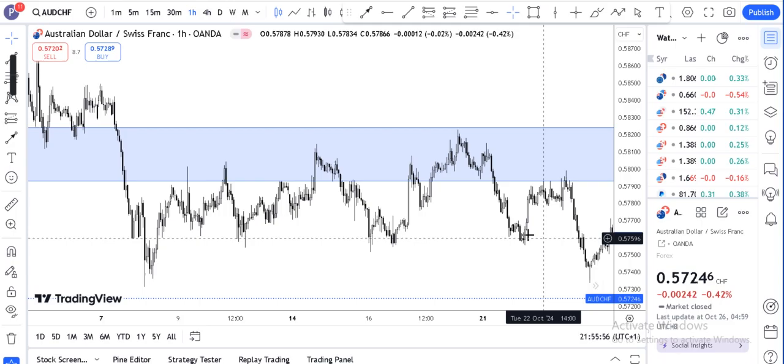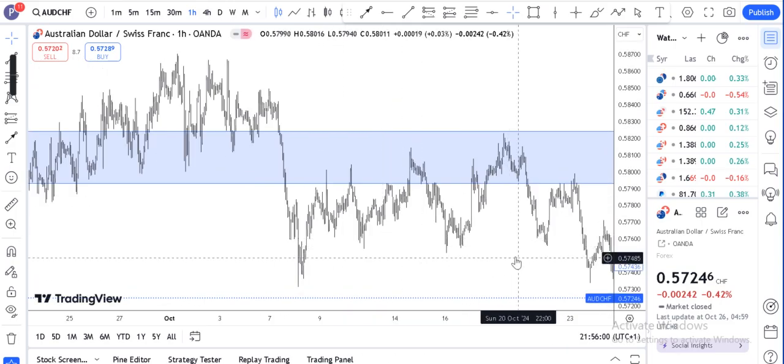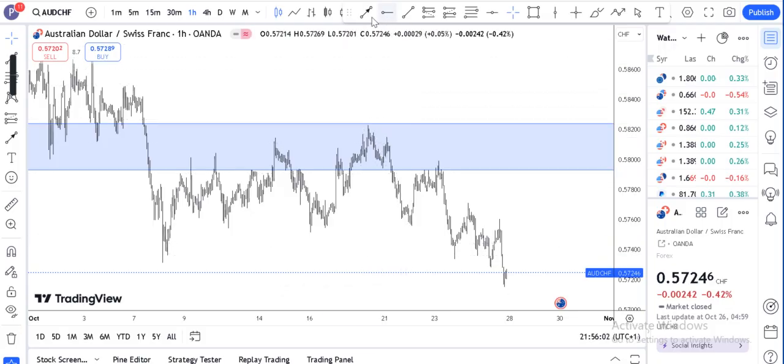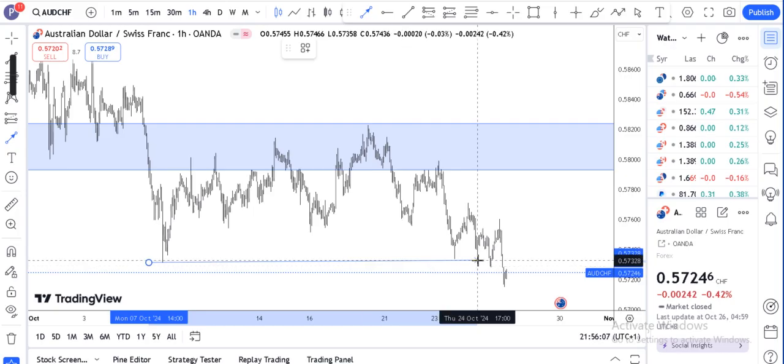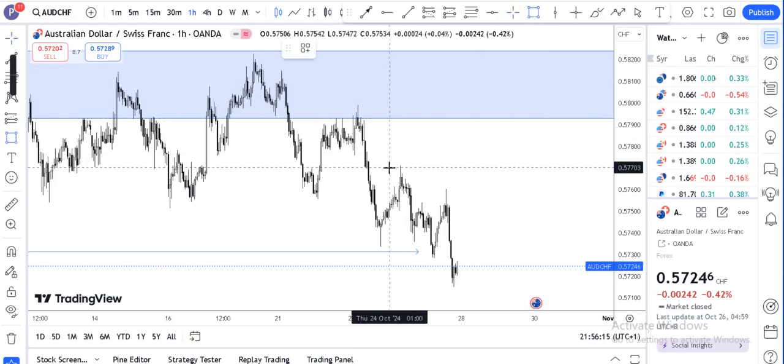So now, for instance, we already had market break this structure to the downside. Market has given us a break of structure at this point. So what level are we going to be looking at to take our trade from?